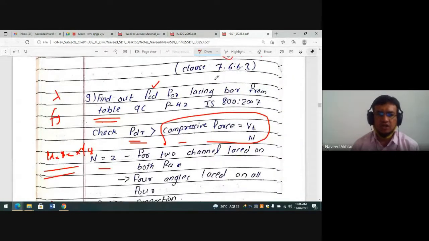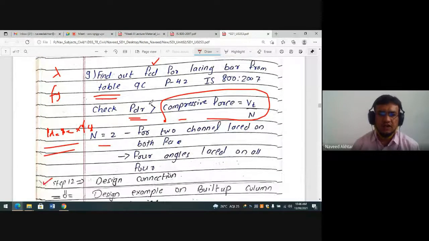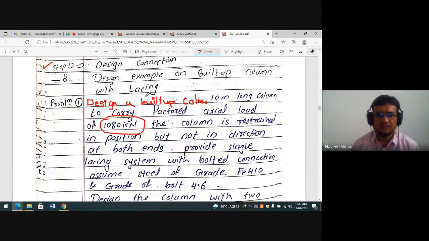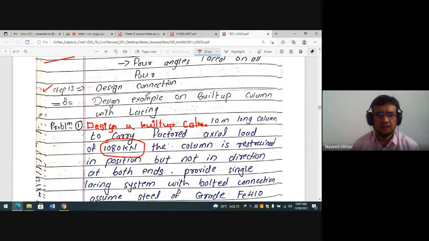All these clauses already we have seen. Find out the fcd for the lacing bar from table number 9C. Check Pd. If this value is greater than the compressive force Vt upon N, then we will say that our design is safe. Okay?